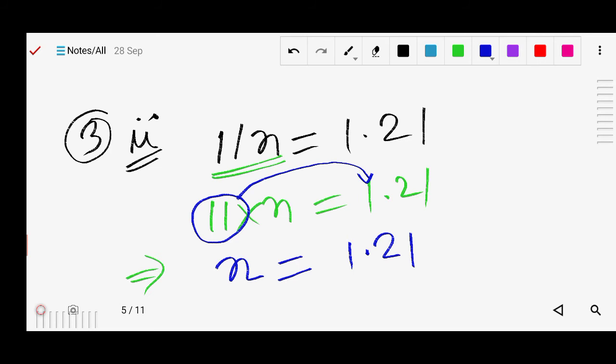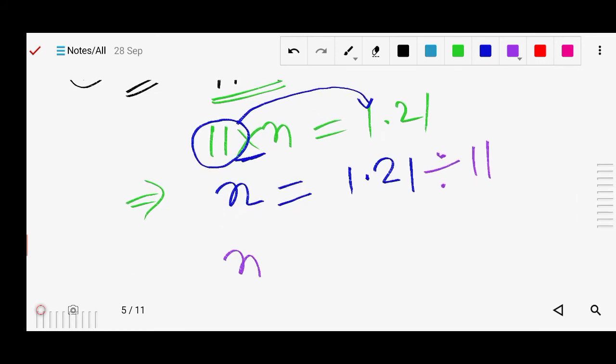This 11 is joined with a multiplication sign, so when it comes to the right side, it will change to a division sign, 11. Now n equals 1.21 divided by 11. Got it?